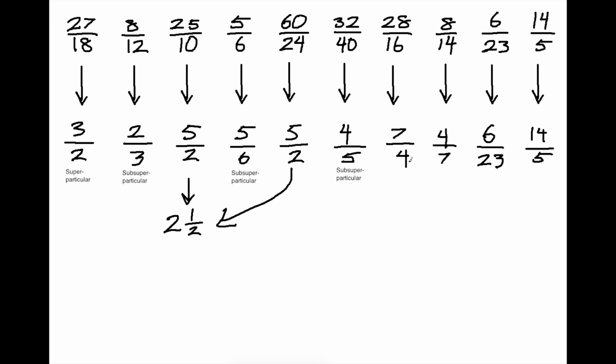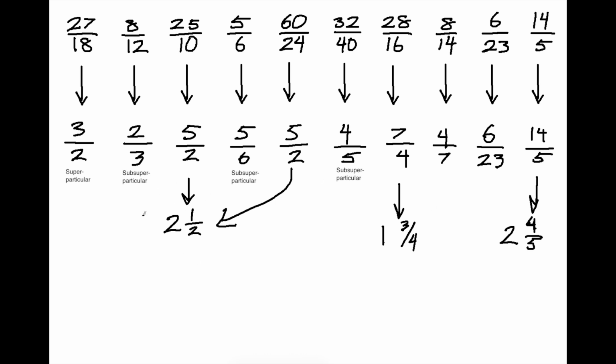And next we have 7/4, which can be written as 1 and 3/4, and 4/7 is simply going to be the subversion of whatever this is, and 14/5, which is equal to 2 and 4/5. All right, so once we do that, now we're in a better position to analyze these.